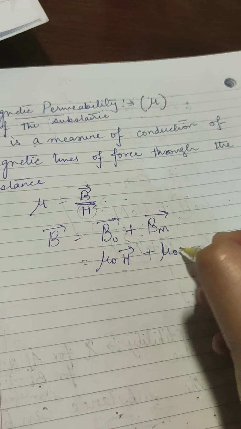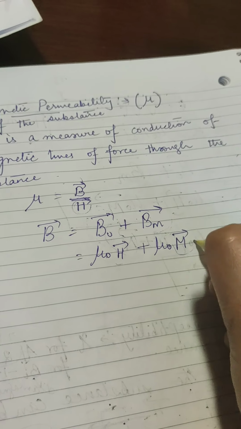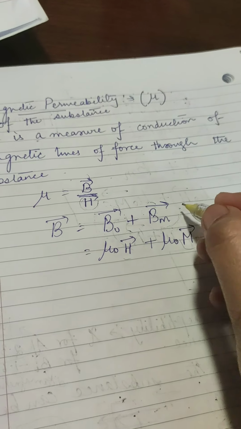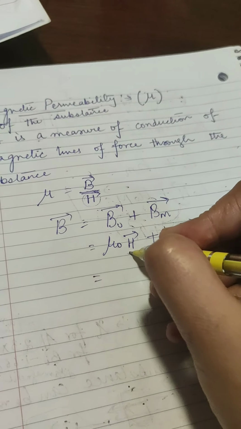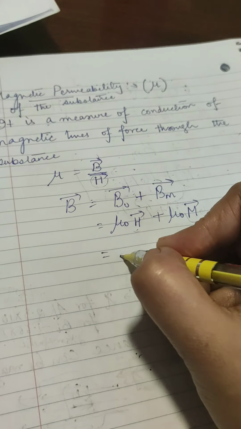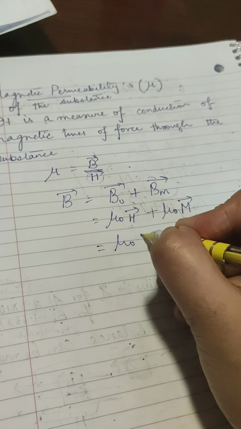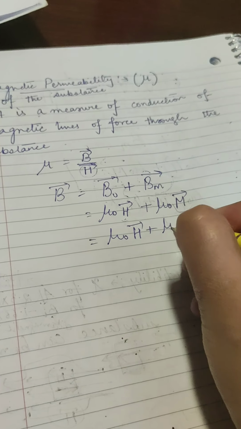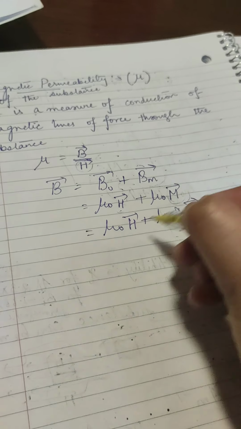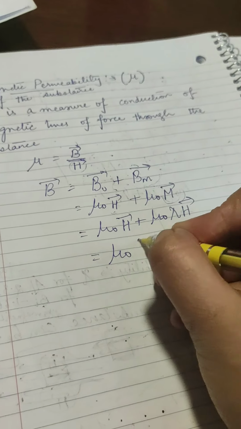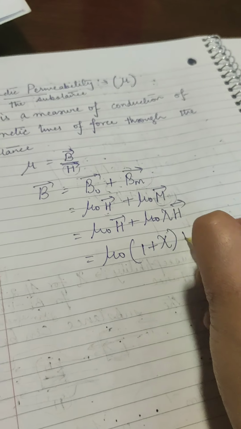Bm is due to magnetization of the substance, and depends on the specific nature of the substance, and also on H. So B = mu naught H + mu naught M, and M has this relation with susceptibility, M = chi H. So we can write B = mu naught (1 + chi) H.